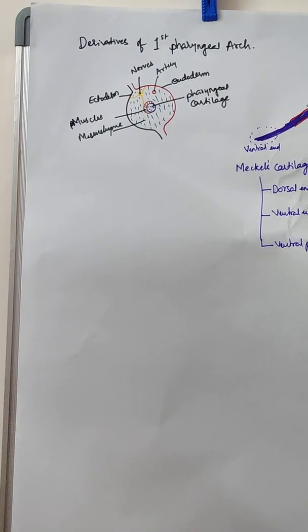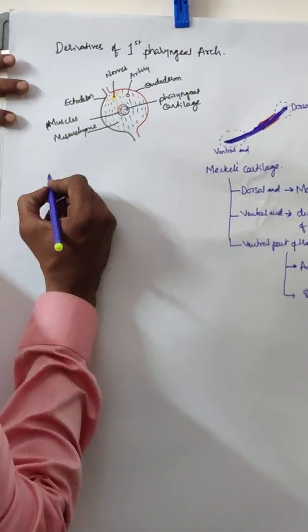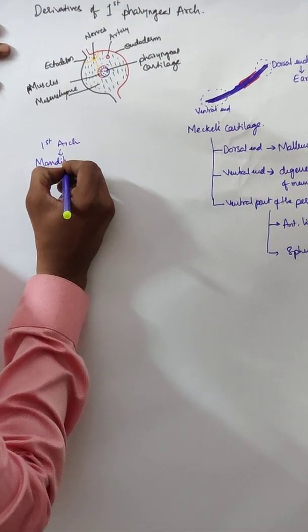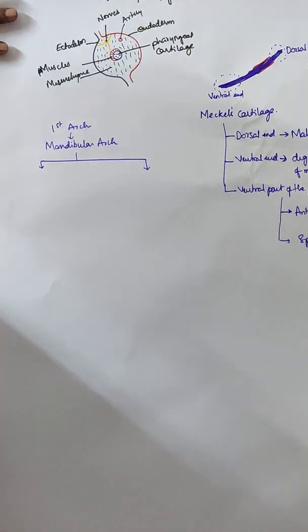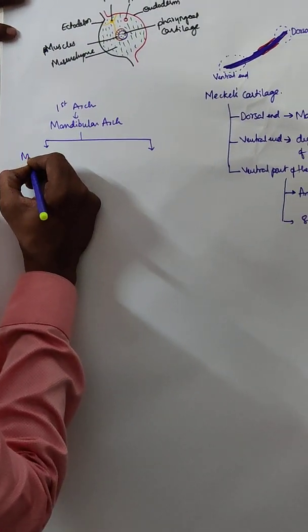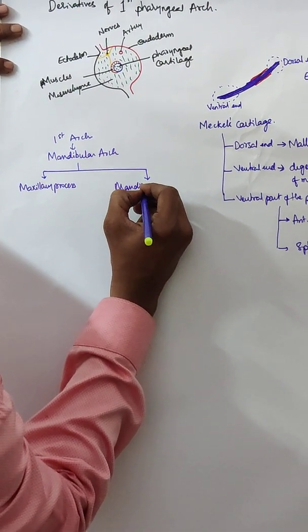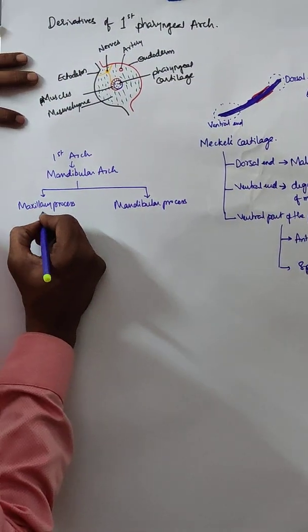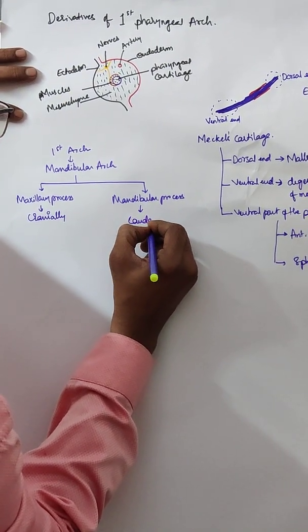Now let us see the bones which are coming from this first arch. Basically the first arch is called the mandibular arch. This mandibular arch has two swellings, that is, one is called the maxillary process and the second one is the mandibular process. Both of these develop from the mesenchyme. The maxillary process lies cranially and the mandibular process lies caudally.